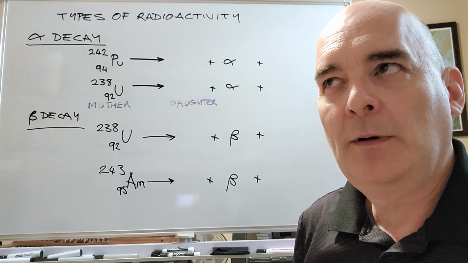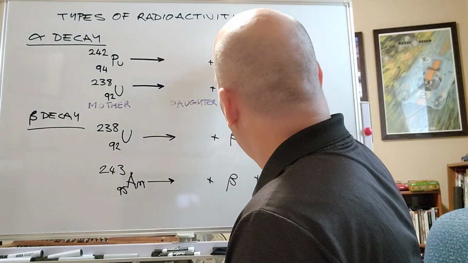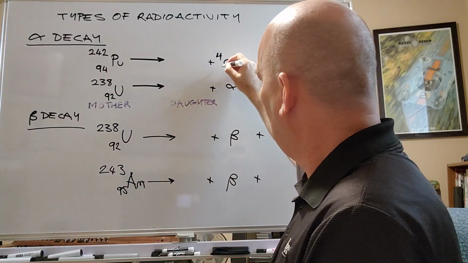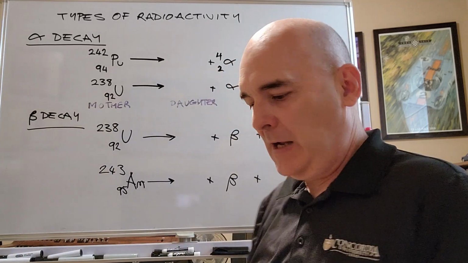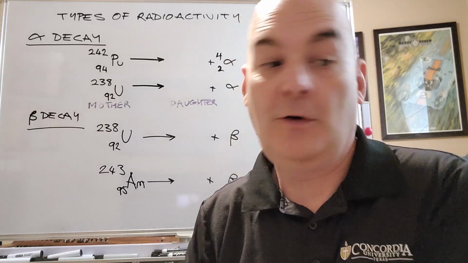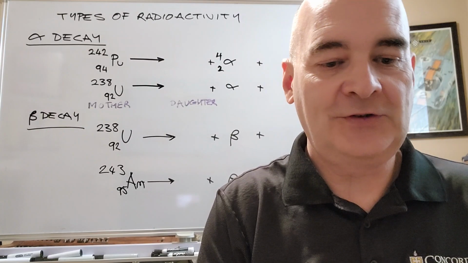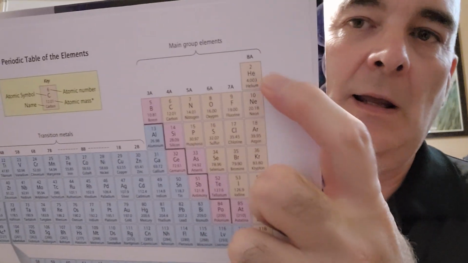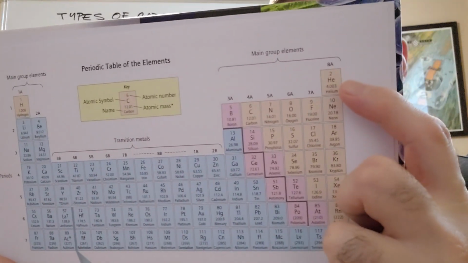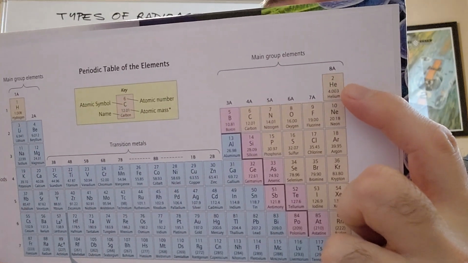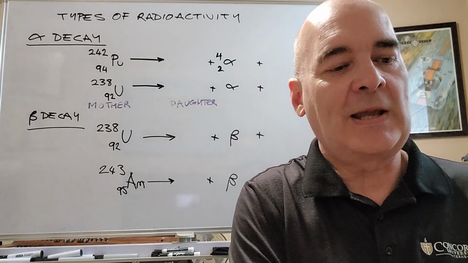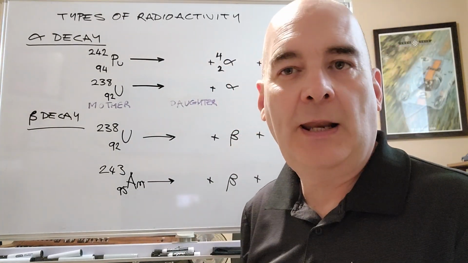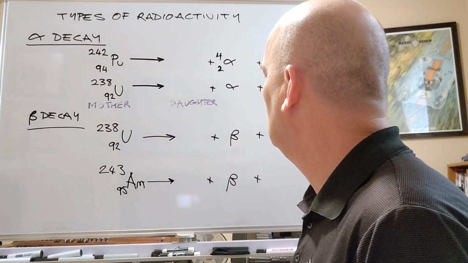So the alpha particle itself has a mass number of 4 and an atomic number of 2, and it looks kind of like a helium, but it can't be a helium atom. It has no electrons. This is something that is expelled from the nucleus, and we know that electrons don't live at the nucleus.